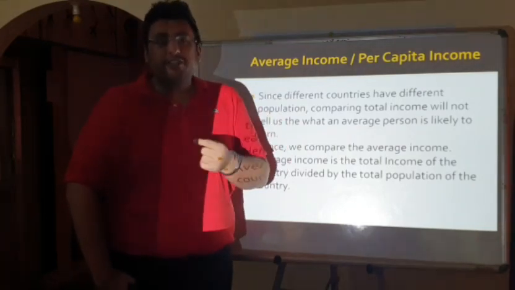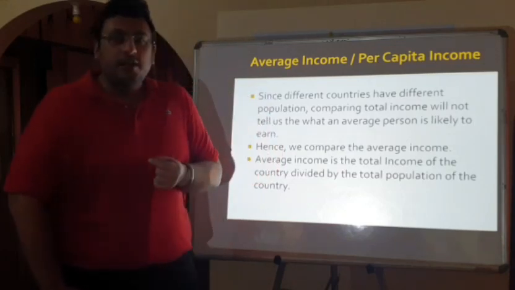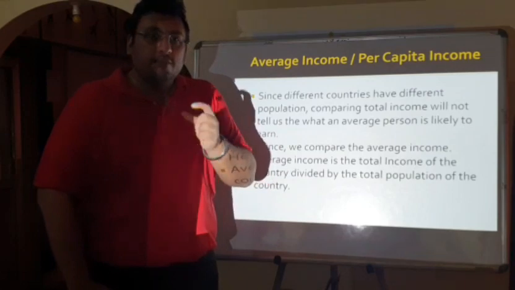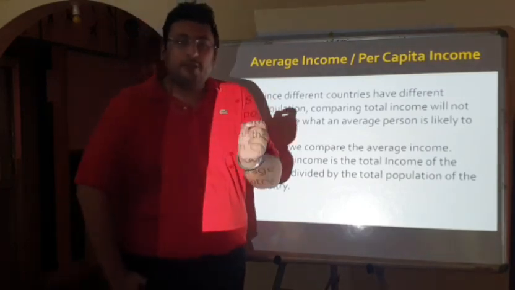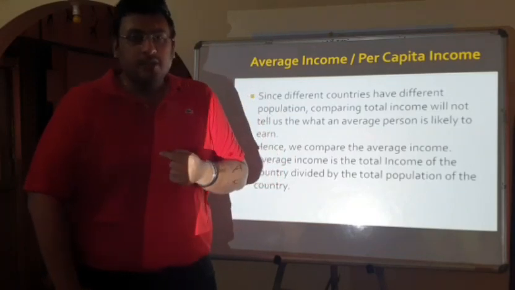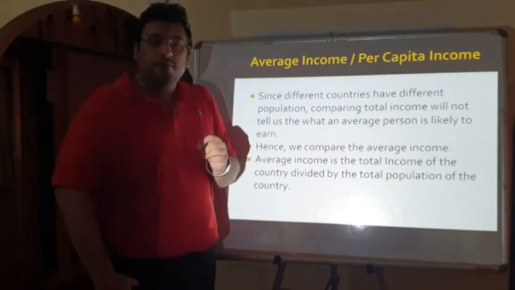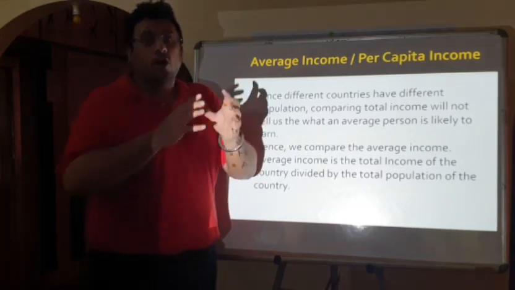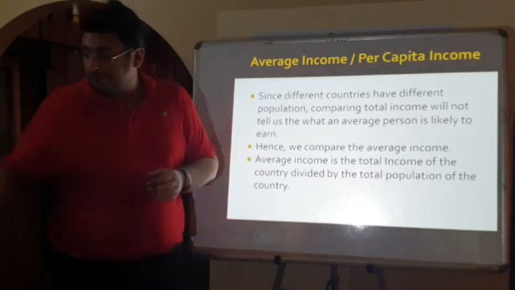Therefore, the average income of every person is 100 rupees. You see how per capita income gives you a clear picture of what one single person is earning. Therefore, per capita income is the correct thing to be used while comparing states or countries.